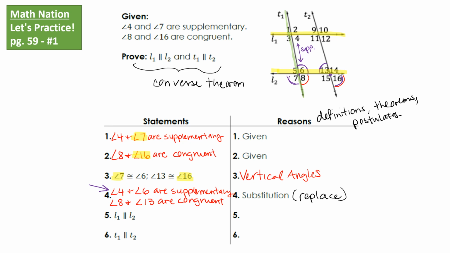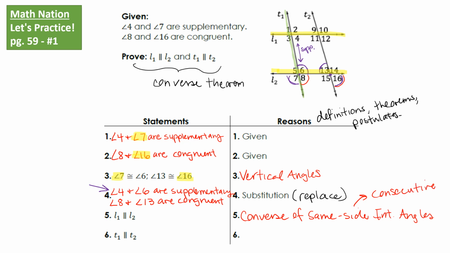So 4 and 6 are on the same side of the transversal in between the two parallel lines. So that tells me that to prove these two lines are parallel, I would say that this is the converse of same side interior angles. And remember, another word for same side is consecutive.